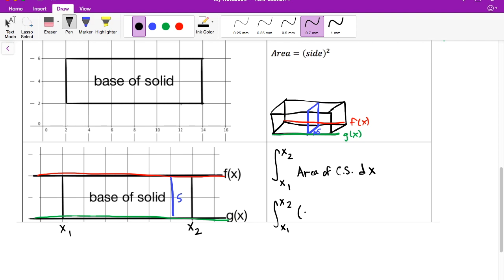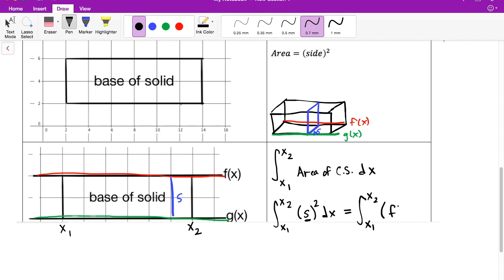So it'll be the integral from x1 to x2 of side squared dx, and I actually know what the side length is in terms of f and g.